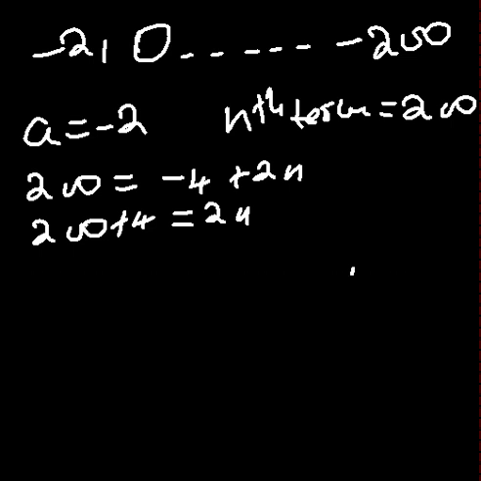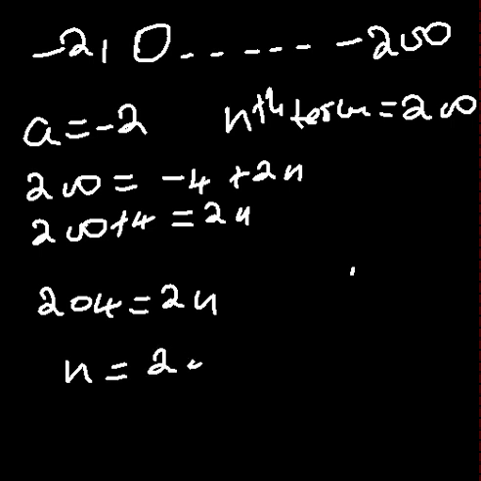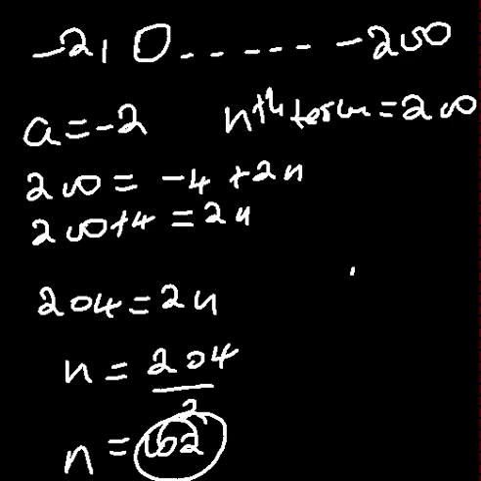Now 204 is equal to 2n. That is the same as n is equal to 204 divided by 2. That will be given as 102. So which means we have the number of terms given as 102.